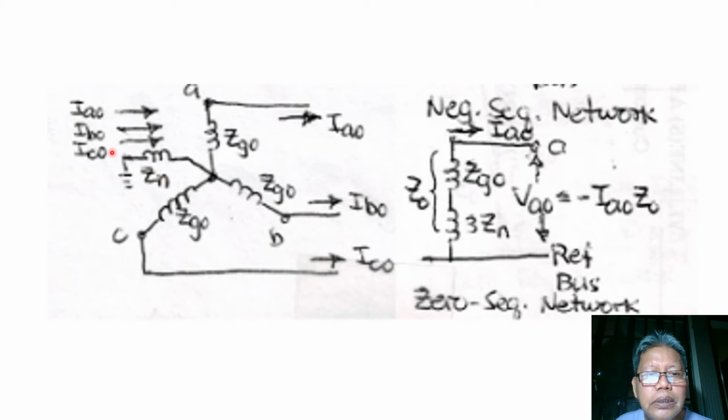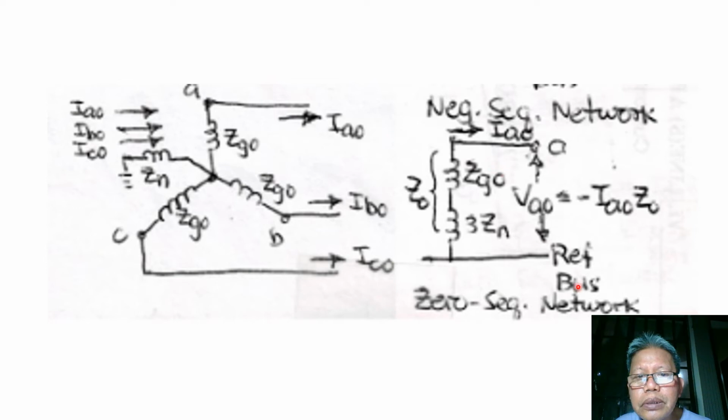we have the zero sequence currents flowing back to the generator if there were faults in the transmission lines, and then zero sequence currents flow to the ground, then they have to go back to the generator. So returning to the generator are our zero sequence currents IA0, IB0, IC0, and so on.